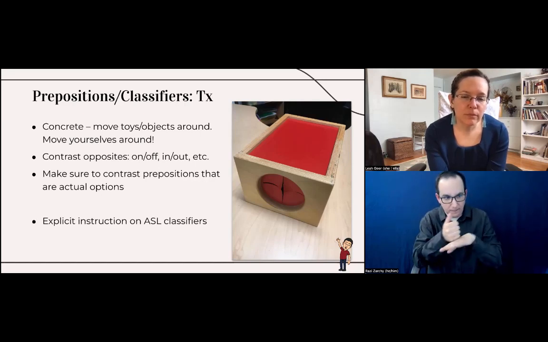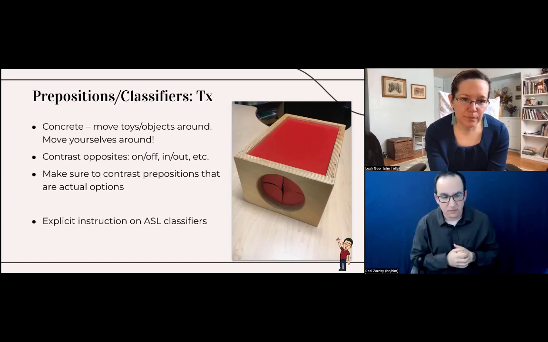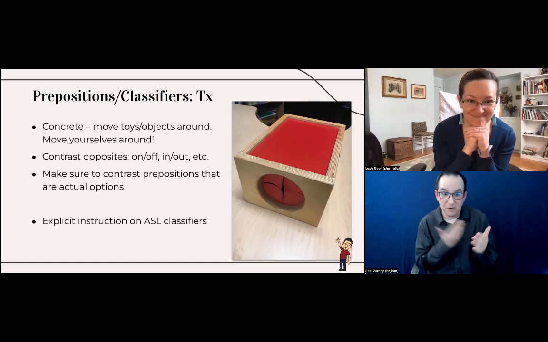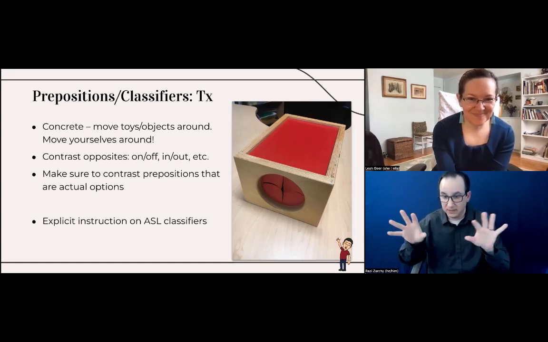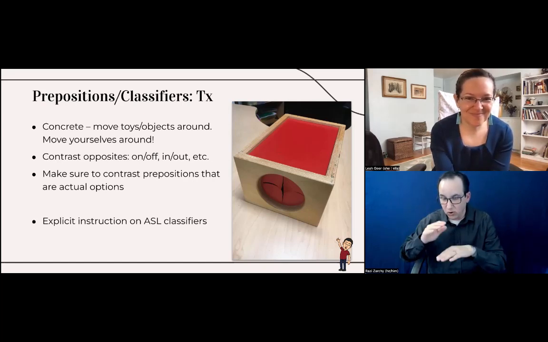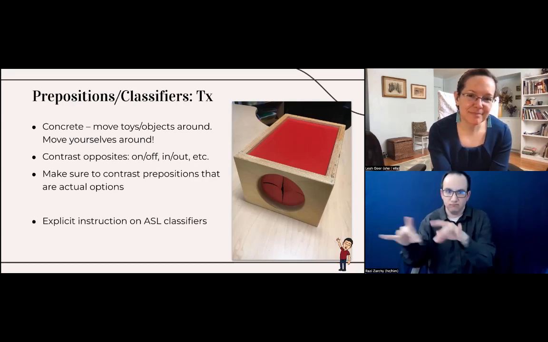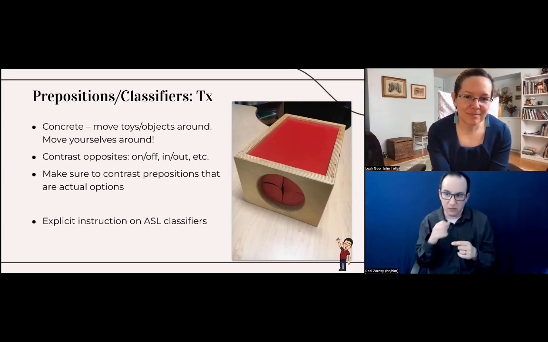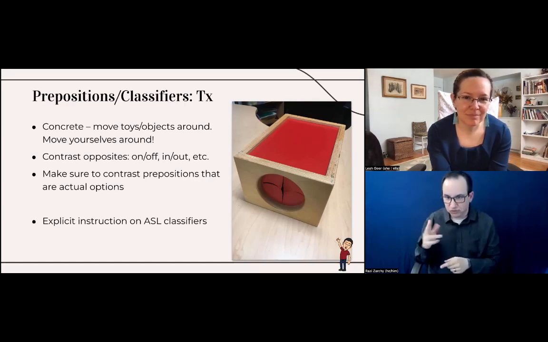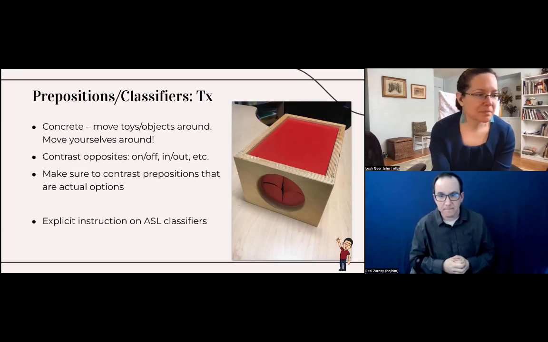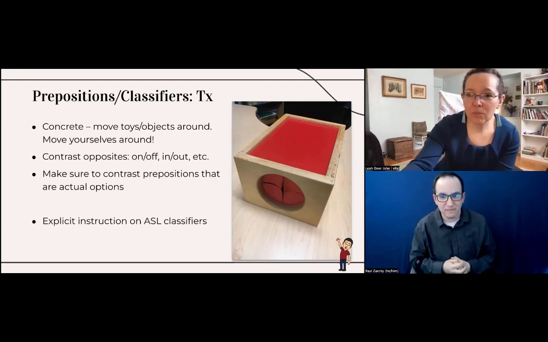And then that's how you can leverage ASL in showing how to put objects in specific places. Some of our students need that explicit instruction for this type of thing. Not all students. Some students pick this up, but especially if they haven't had that language exposure or they don't come up from a rich ASL environment, then they may need that.